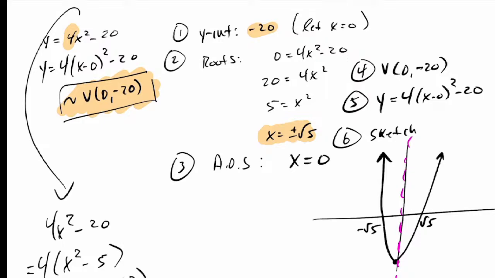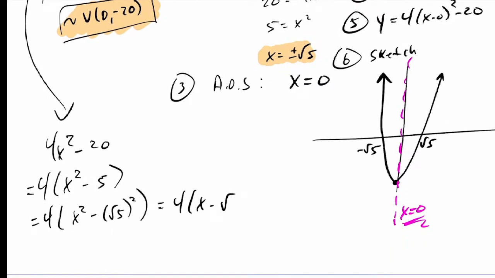So that'll be x minus root 5, and then x plus root 5. Sorry, I think I was off the screen. So you can factor out a 4 and then rewrite the 5 as root 5 quantity squared and then do difference of squares.